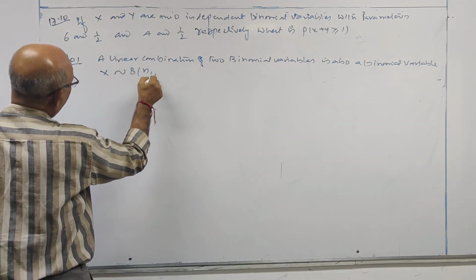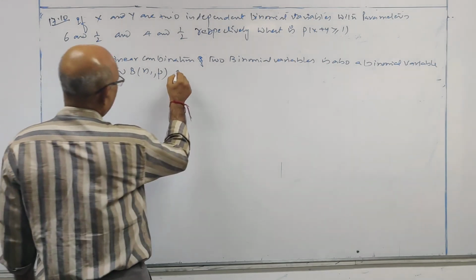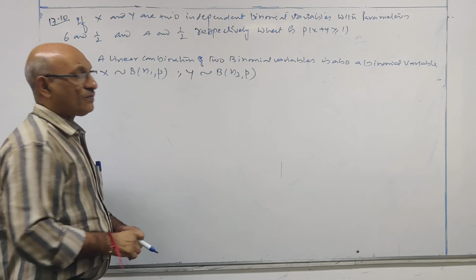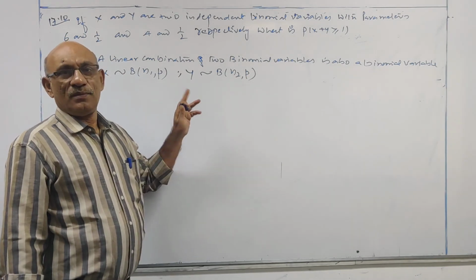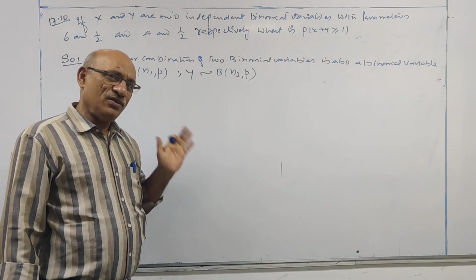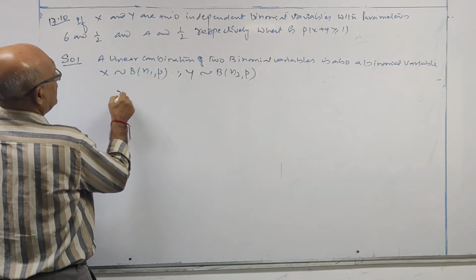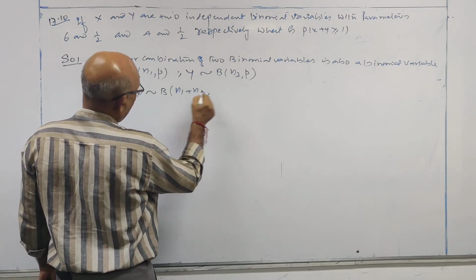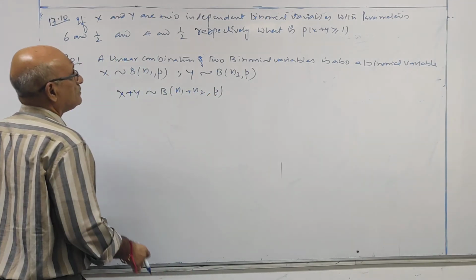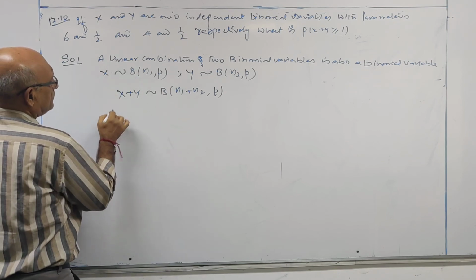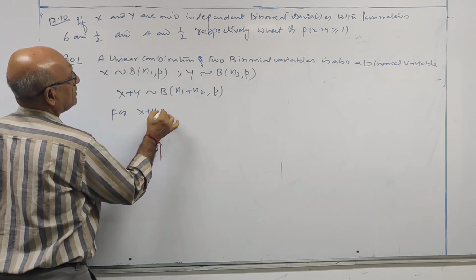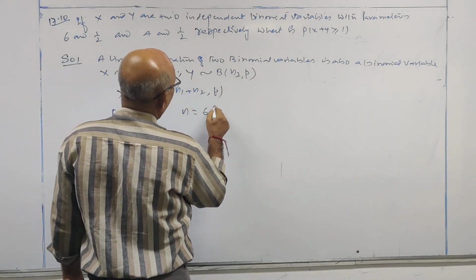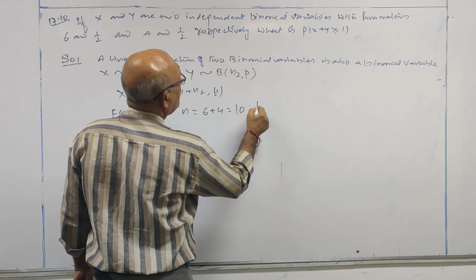X is a binomial variable with parameters n1 comma p. Y is also a binomial variable with n2 comma p. For these two, p values same, and for every problem of this type, p is same. Then x plus y is also a binomial variable with parameters n1 plus n2 comma p. So here, for x plus y, n is equal to 6 plus 4, 10. p is equal to 1 by 2.